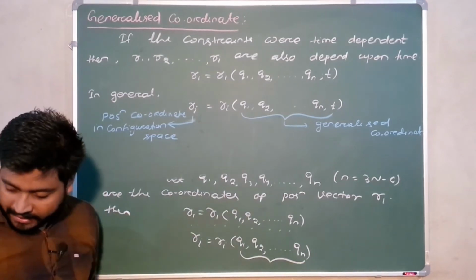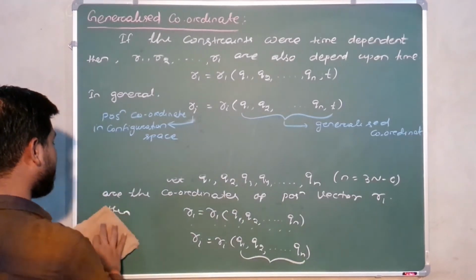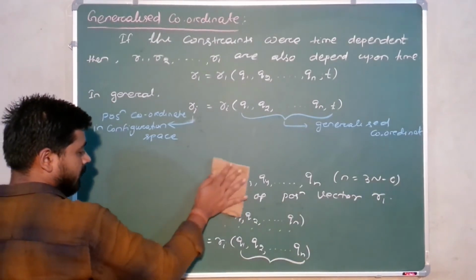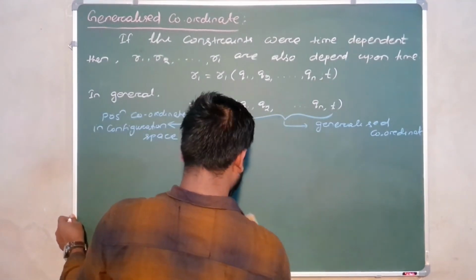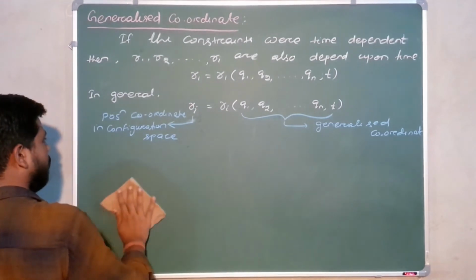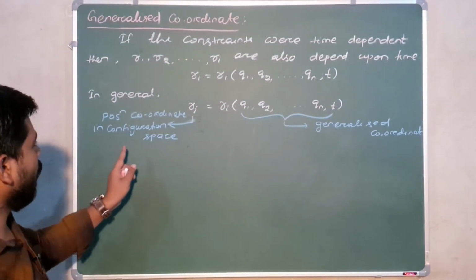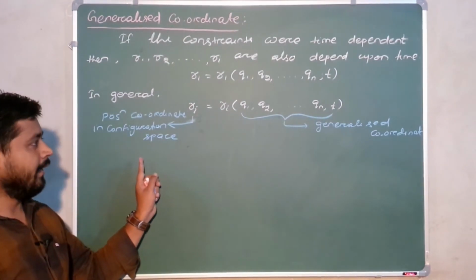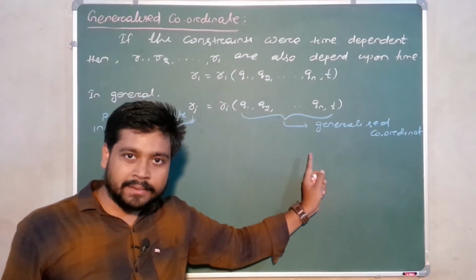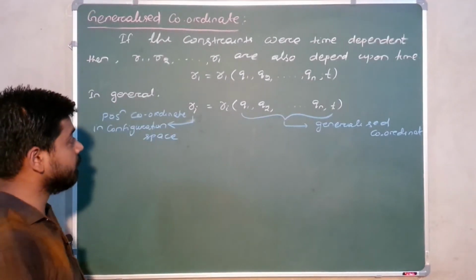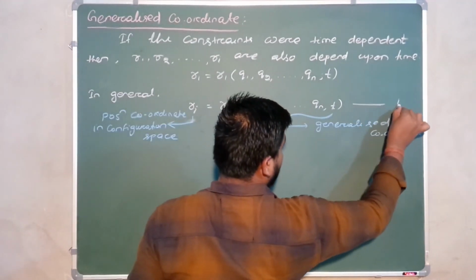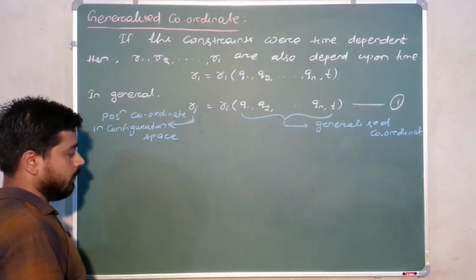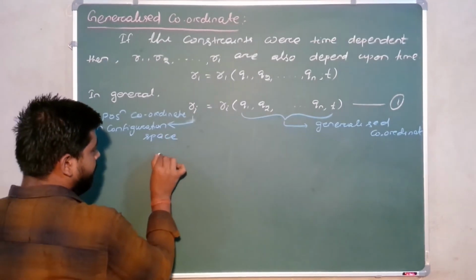Hence we can say this is the most general expression of position coordinate in configurational space in terms of generalized coordinate. Yes or no? What can I write here? This expression, let this be expression 1. Yes or no?